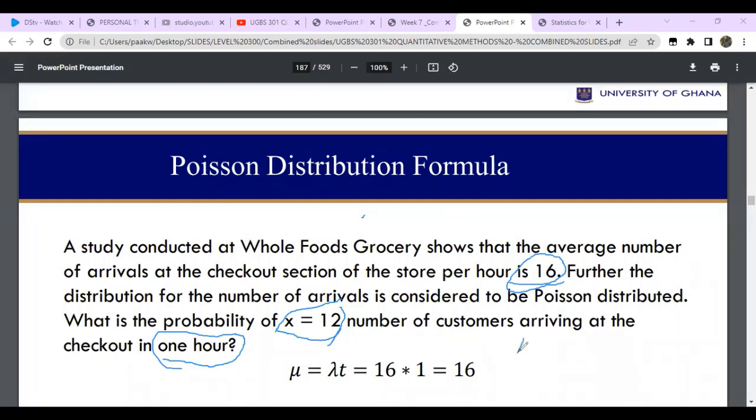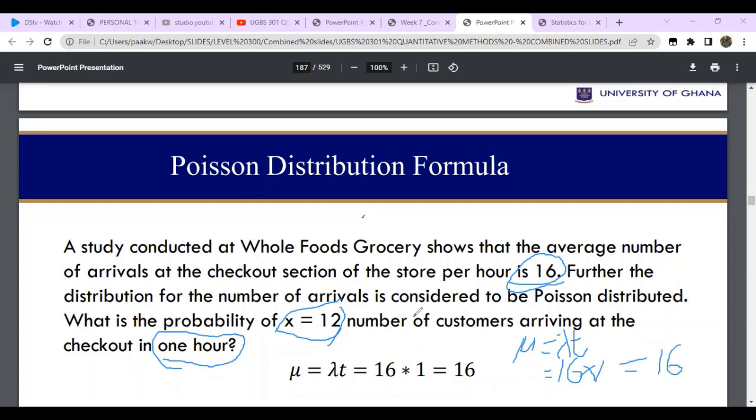So when you are looking for the mu, it is what? Lambda times what? T will give you the mu. So the lambda I said is what? 16 here, times time or t, 1 hour. That will give you what? 16.